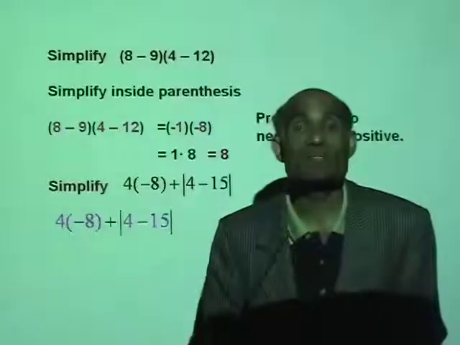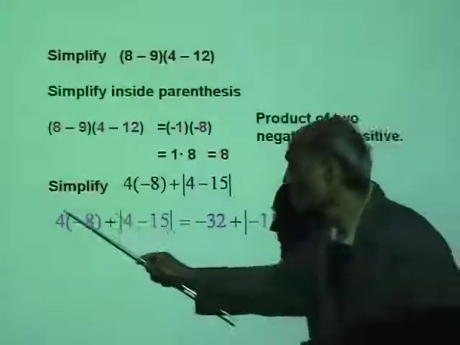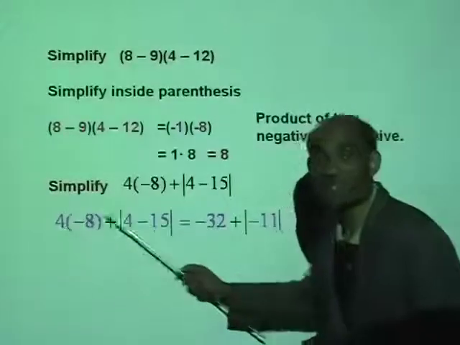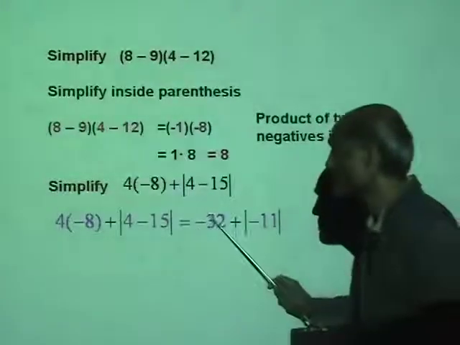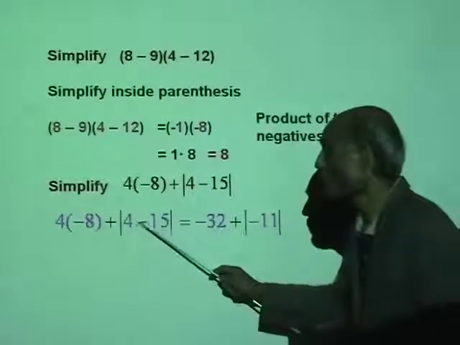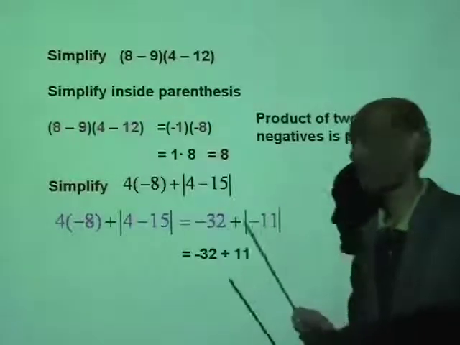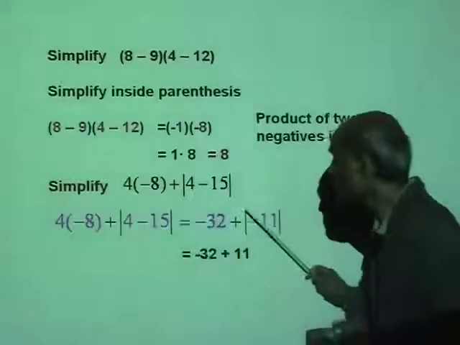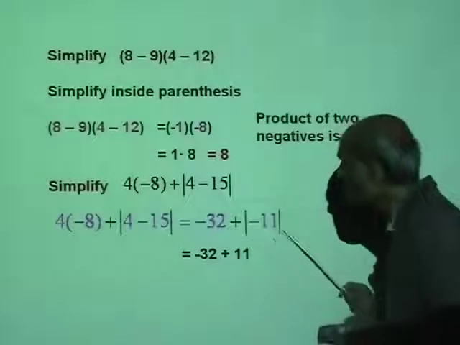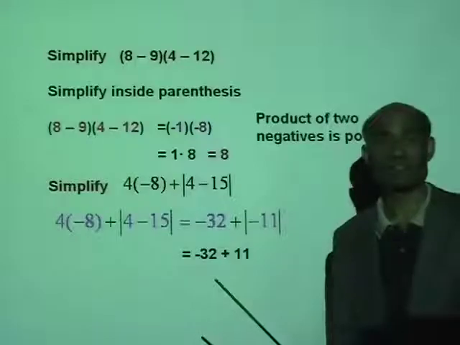Absolute value of negative 11 is positive 11. Alright, so this will be 4 times negative 8 is negative 32 plus absolute value of 4 minus 15 is negative 11. And that is negative 32 plus absolute value of negative 11 is positive 11.